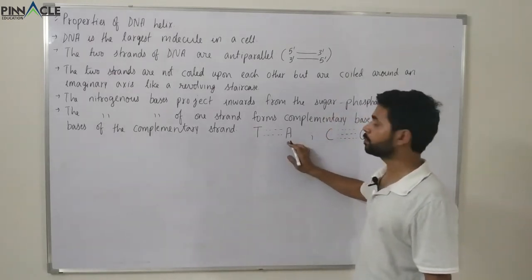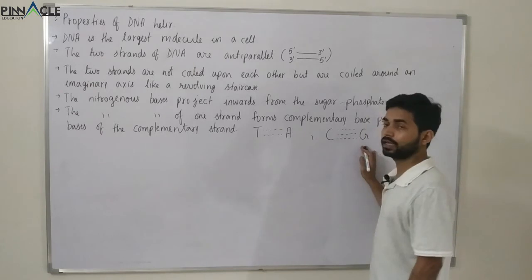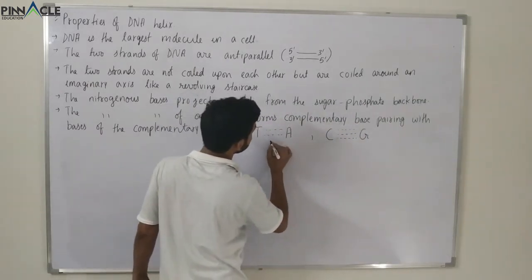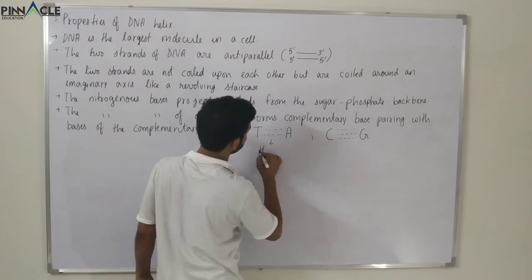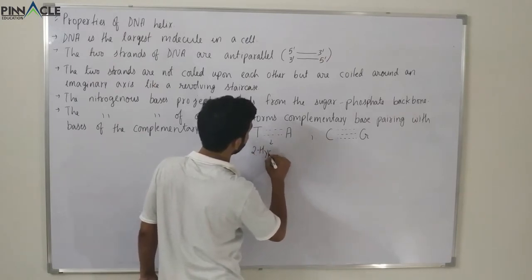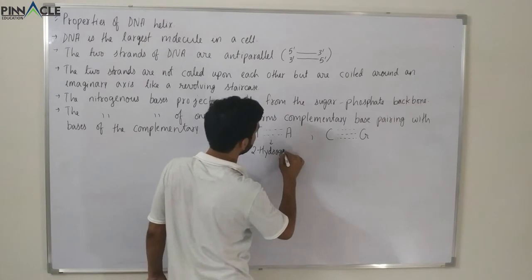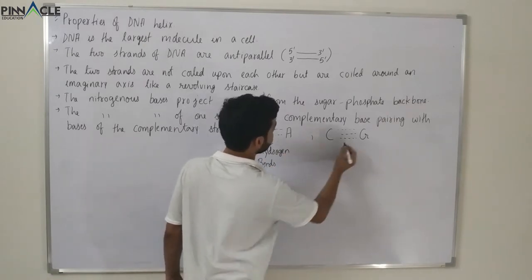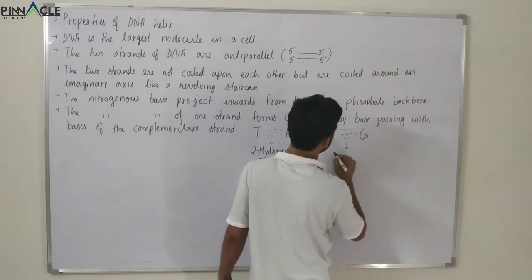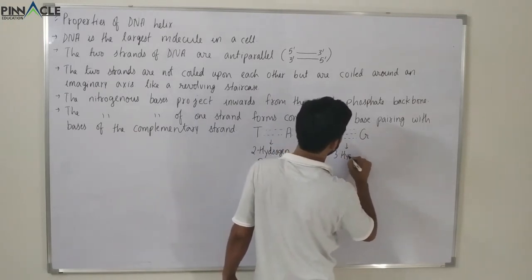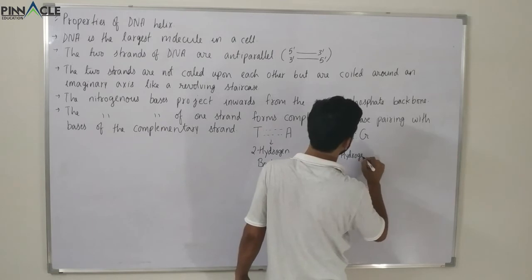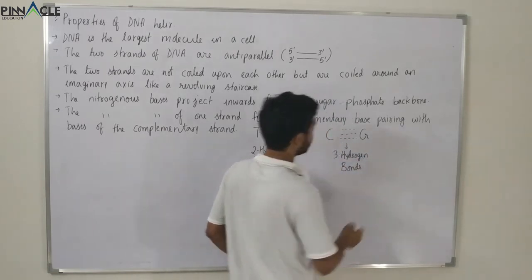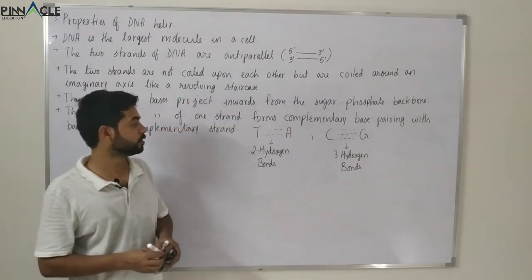Thymine always forms pairing with adenine, and C, that is cytosine, always forms with guanine. These dotted lines are called hydrogen bonds. Here there are two hydrogen bonds, and here there are three hydrogen bonds. So this is what is happening over here.